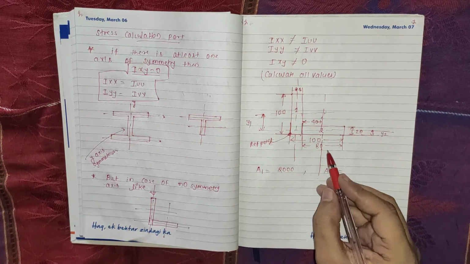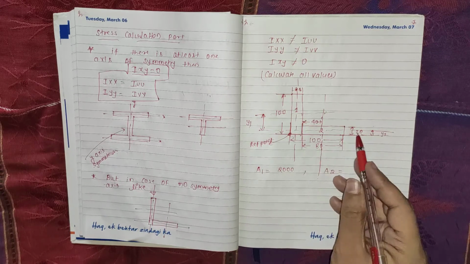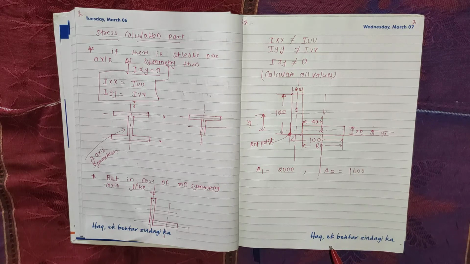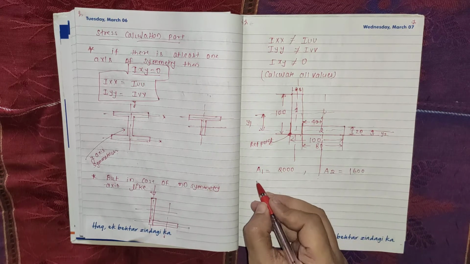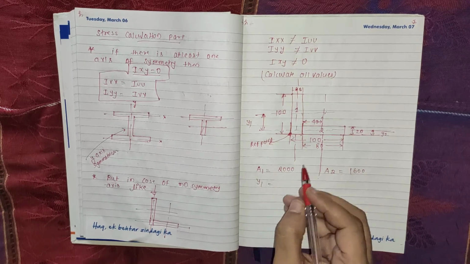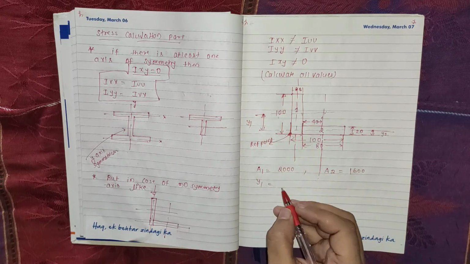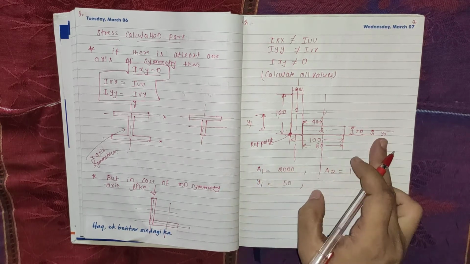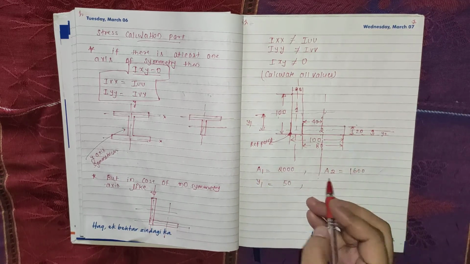Area 2 is 80 into 20, which is 1600. Is it clear? Now, what is the value of y1? You have already calculated it here: this is 50. What is the value of y2? This is 20 divided by 2, which is 10.